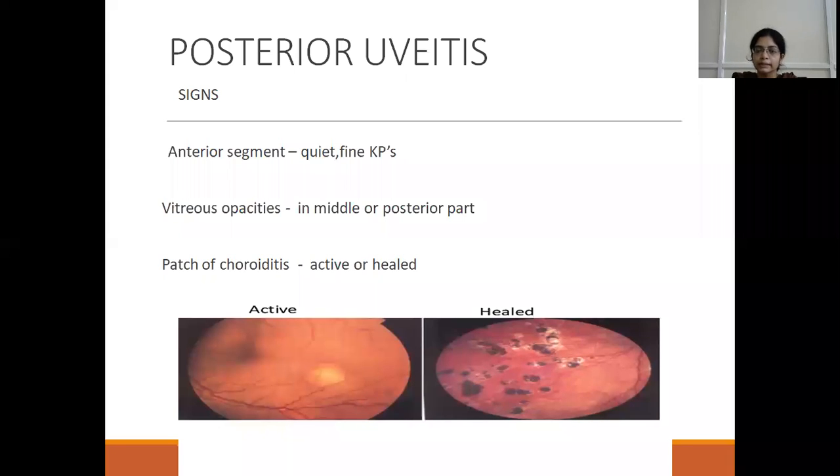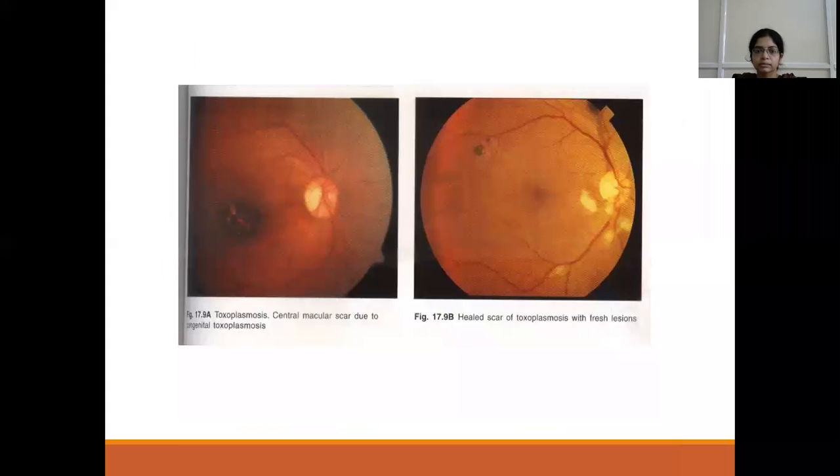So you can see the whitish sclera underneath, and because of this inflammation gradually resolving, you will find areas of hyperpigmentation or pigmentation clumping. So usually the scarred or healed choroiditis patch has pigment clumps, atrophic choroid with the whitish sclera being visible underneath.